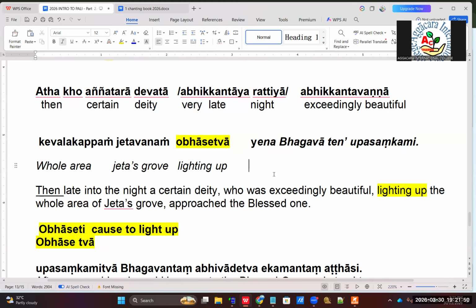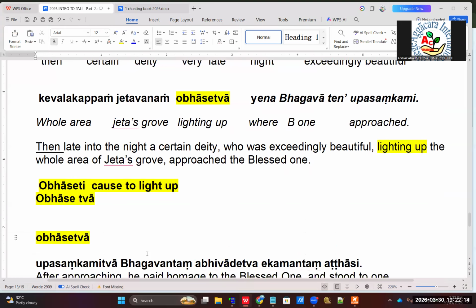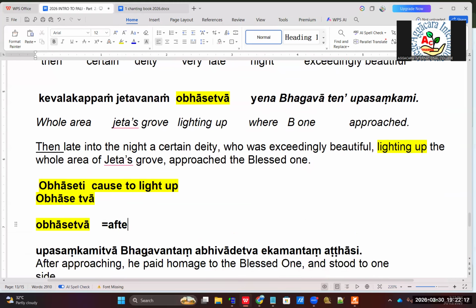Okay, now Yena is way. Bhagawa is the blessed one. Tena is the latter one. Upasankami means approach. All right. Now this gerund has a few meanings. One is you can translate it as just after lighting up, or lighting up at the same time. Why?